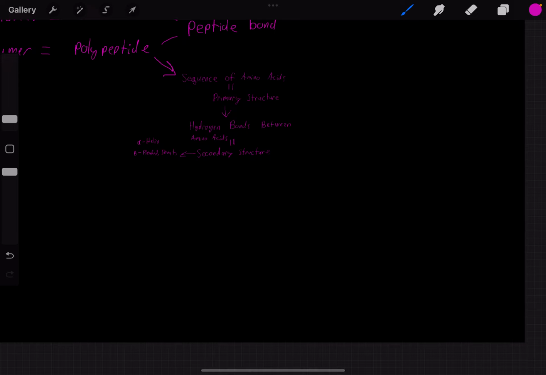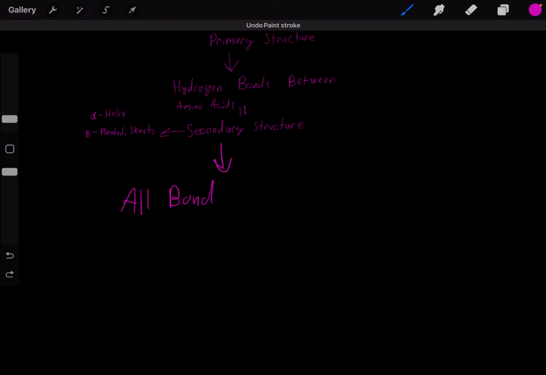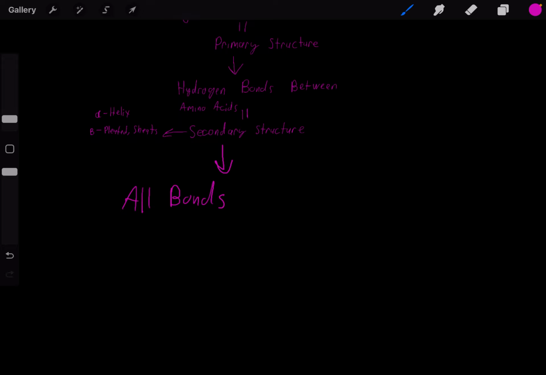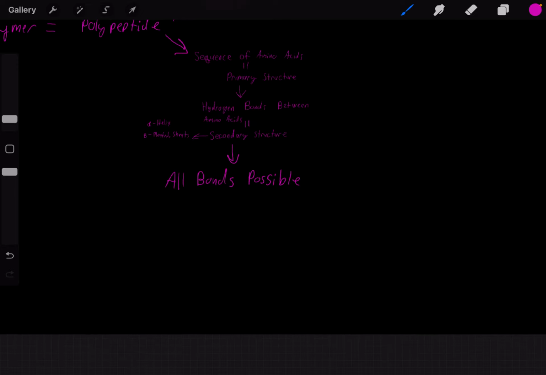After secondary structure, you have tertiary structure, which is also all bonds possible. So every single bond is possible in tertiary structure. You have hydrogen bonds, covalent bonds, hydrophobic interactions, and ionic bonds.